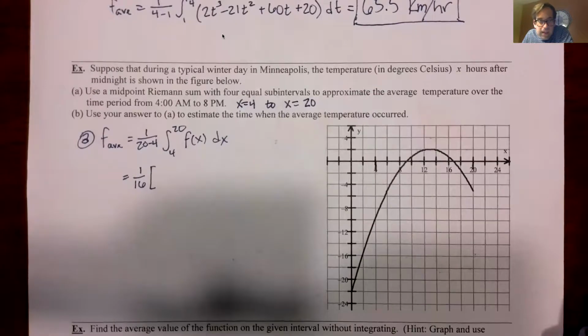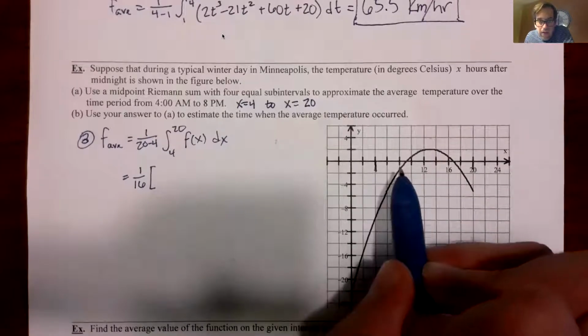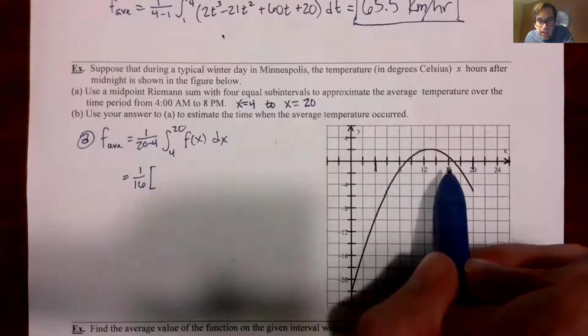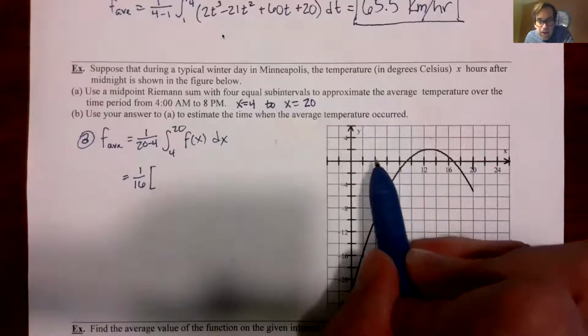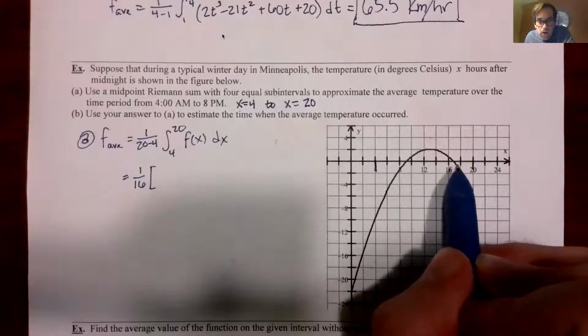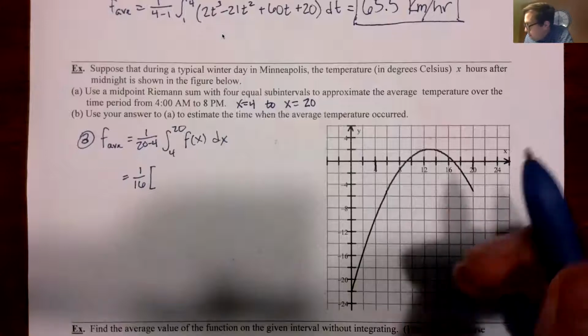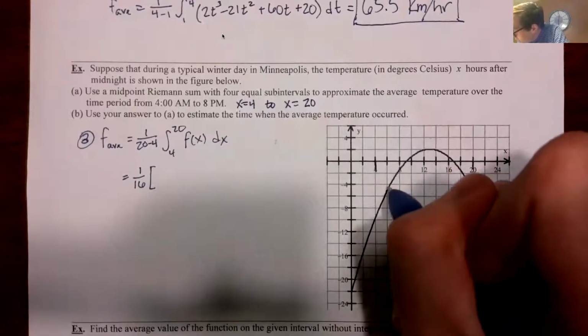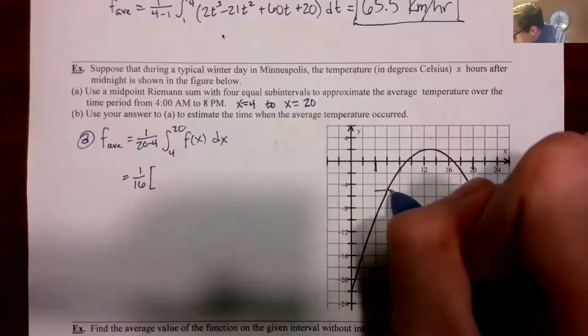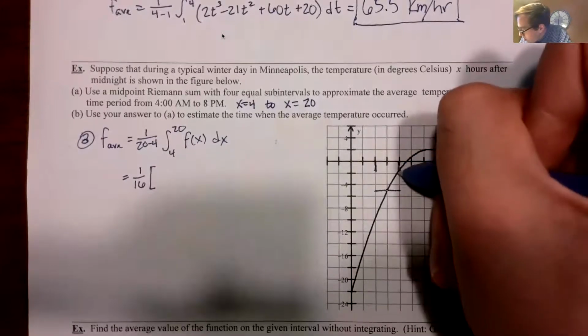So let's think. We need to split that into fourths. So I'm going to go from 4 to 8, from 8 to 12, 12 to 16, and 16 to 20. So I'm going to have intervals with width of 4, and they're midpoint sums. So let's think. From 4 to 8, I'm going to be using the y value at 6 to make a bar.